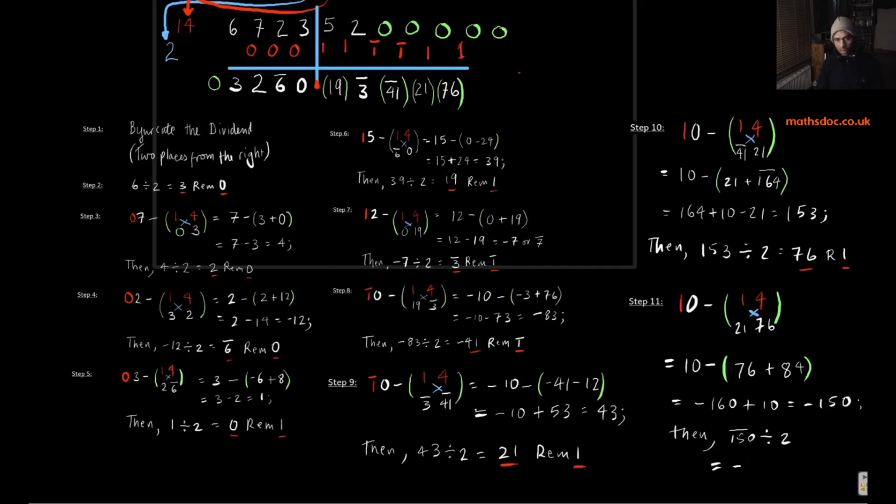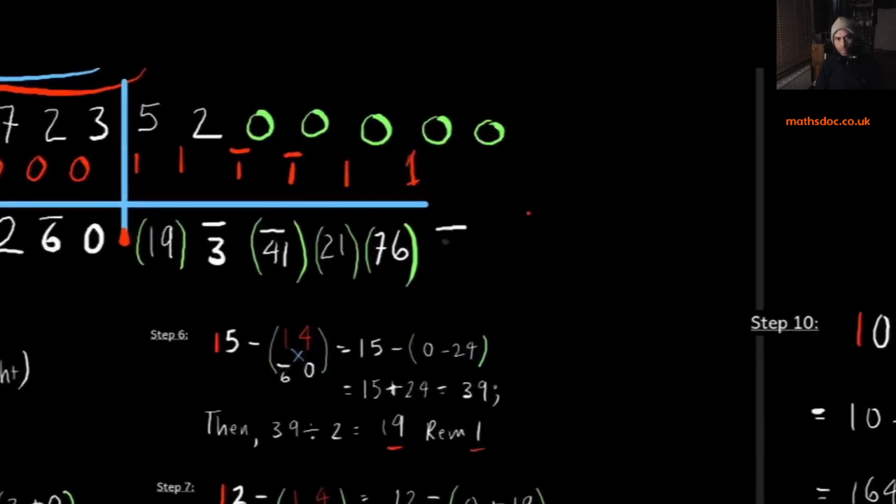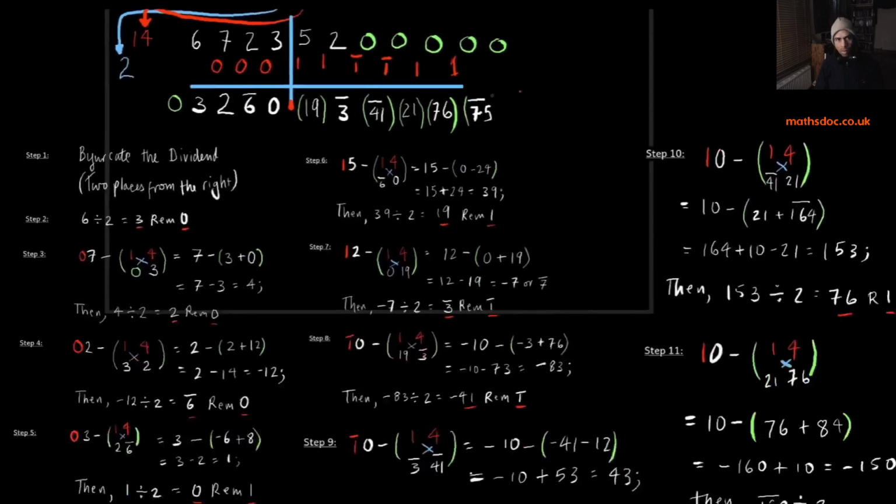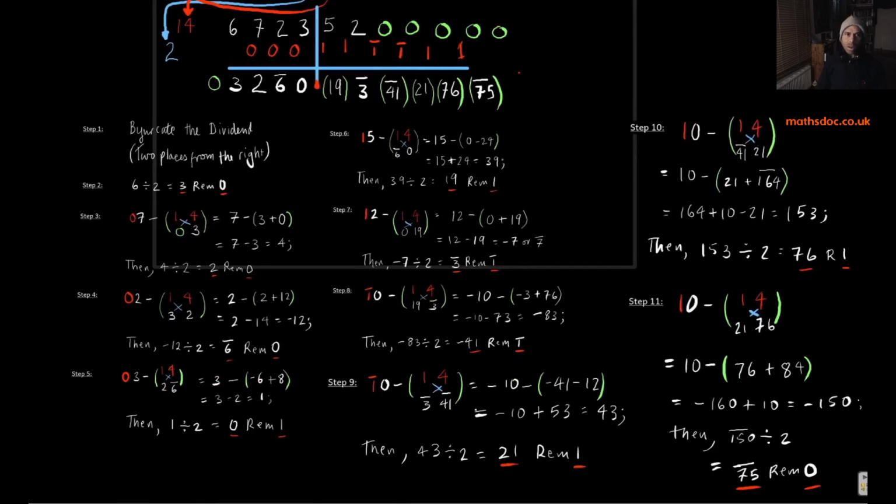Minus 75, exactly. No remainder. Remainder 0. So let's put the minus 75 in there. Minus 75. And prepend the 0 next to that.